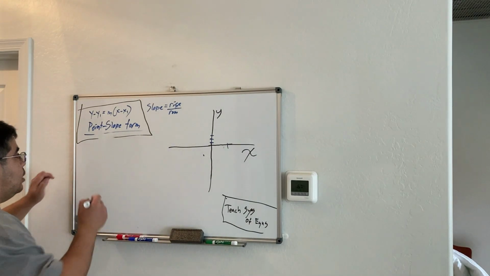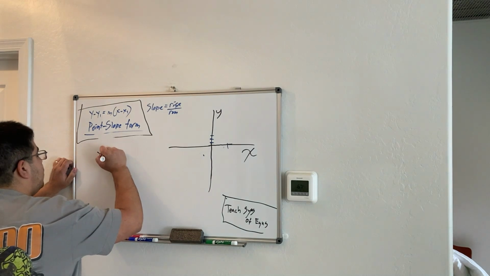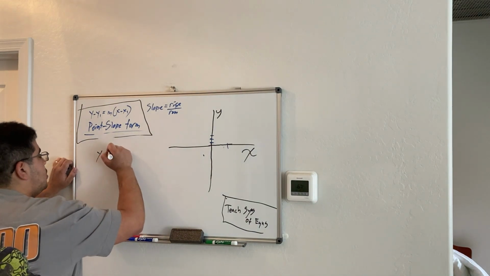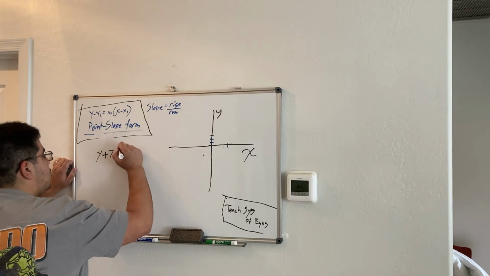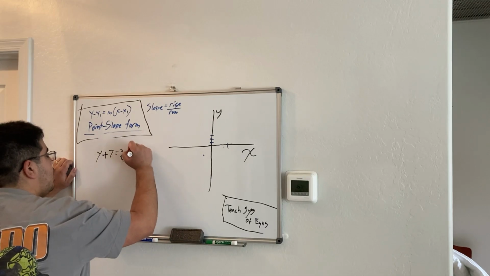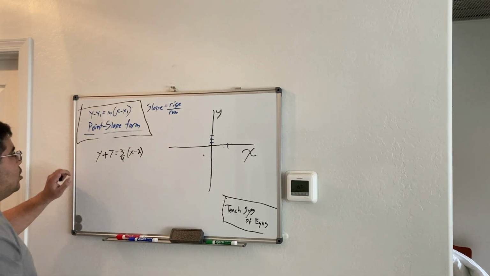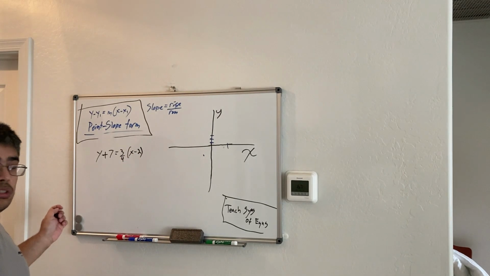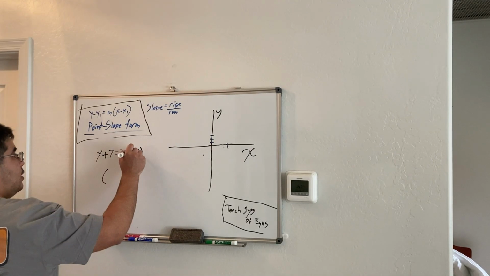All right. So, let's come up with another equation. We're going to say y plus 7 equals 3 over 4 x minus 2. All right. What's going to be the coordinates that the line goes through? It'll be the opposite of this guy, right?